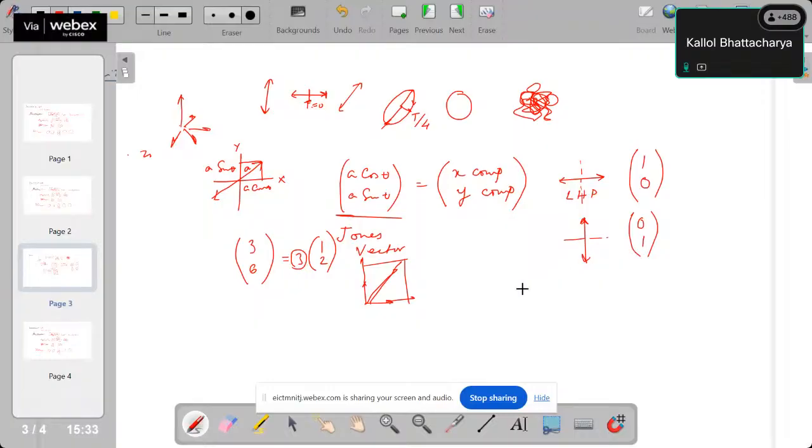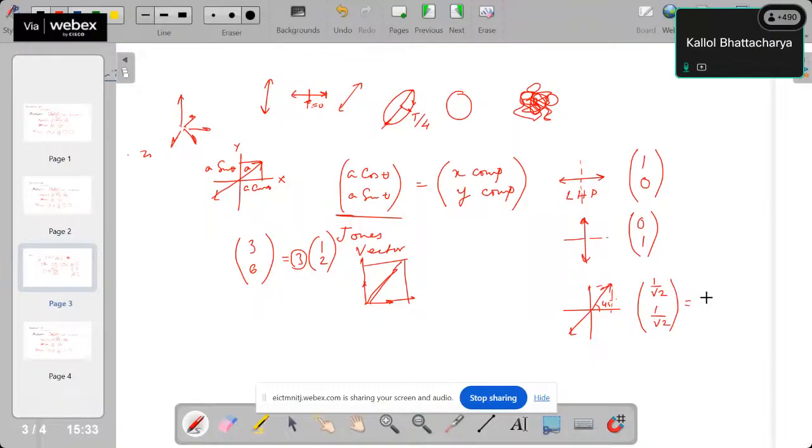Right? What about 45-degree polarized light? If we have 45-degree polarized light, something like this, then you see, say if this is 45 degrees, then the x component and the y component both are 1 by root 2. So it's 1 by root 2 and 1 by root 2. So this is my Jones vector.